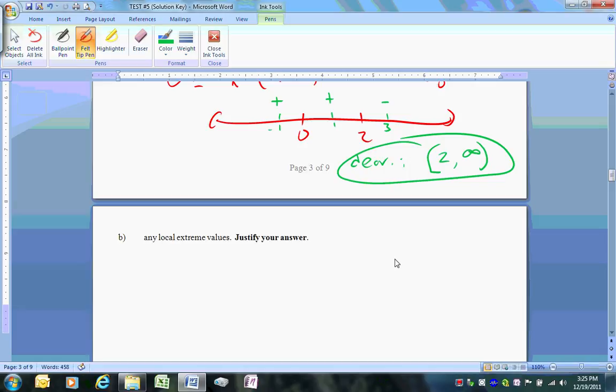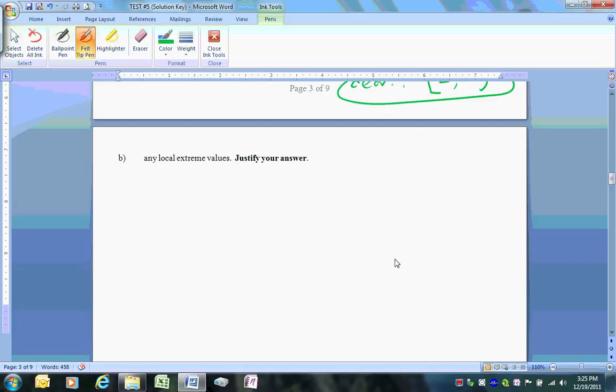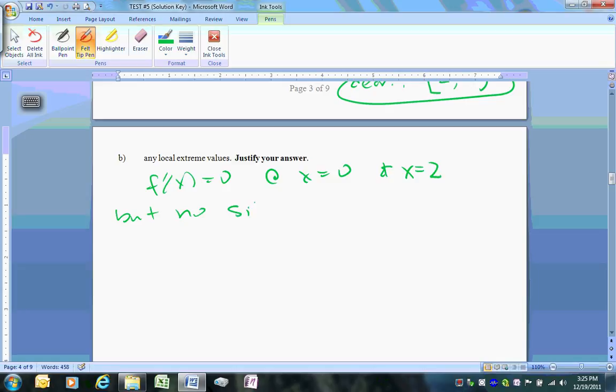For part B, any local extreme values. In a way here, it's kind of like we're doing the first derivative test. So we know f prime x equals 0 at x equals 0 and x equals 2. But no sign change for f prime x at x equals 0.